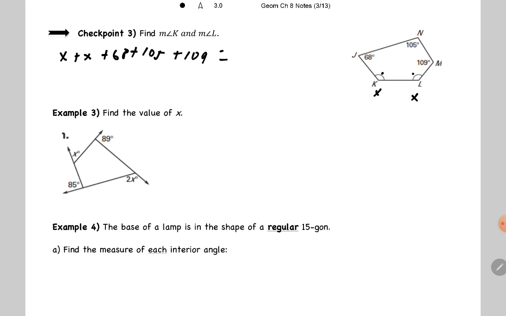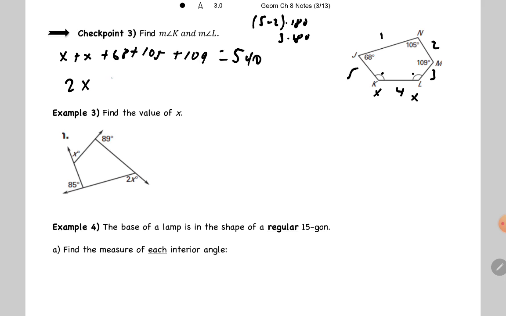Let's figure out what the total sum is. There are 5 sides, so we have a pentagon. 5 minus 2 times 180 is 3 times 180, which is 540. So that's my total.